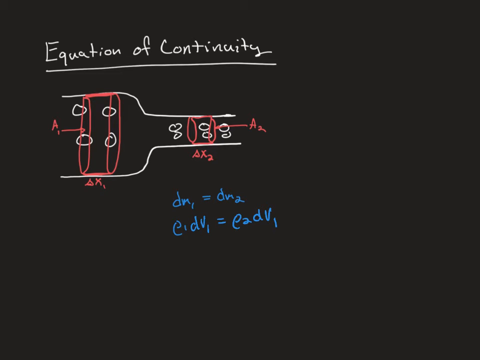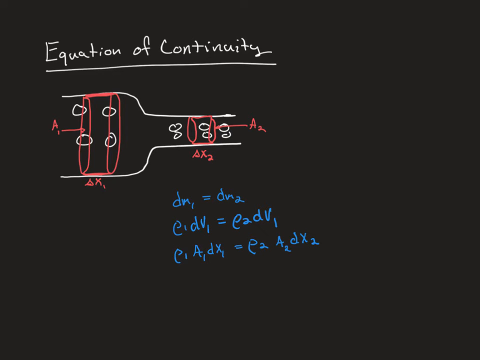Alright, so we can split volume into area, so our cross-sectional area, times the length of the side of the cylinder. So we split 3 dimensions into a 2 and a 1 dimension. So we still have the same number of dimensions.